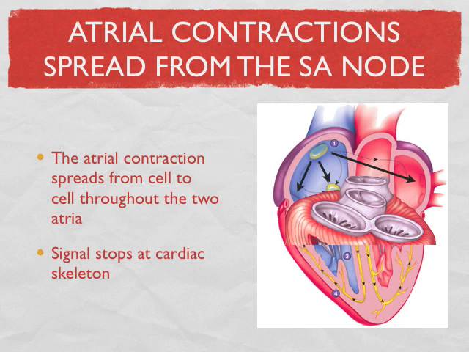And so the atria will contract right down to the skeleton, but when the final cells contract near there, they do not stimulate the ventricular muscle to contract. So all this sinoatrial node gives us is an atrial contraction, squeezing the blood down into the ventricles.